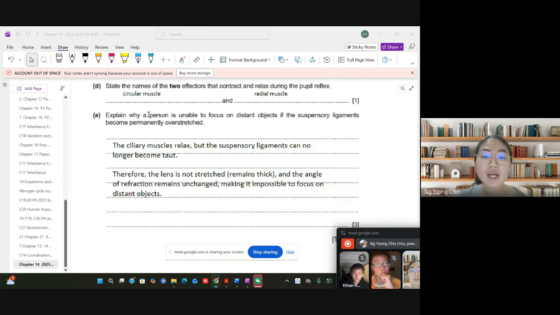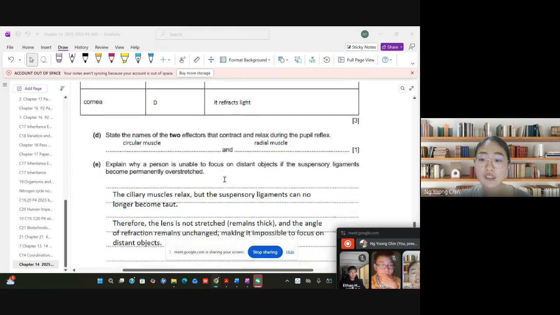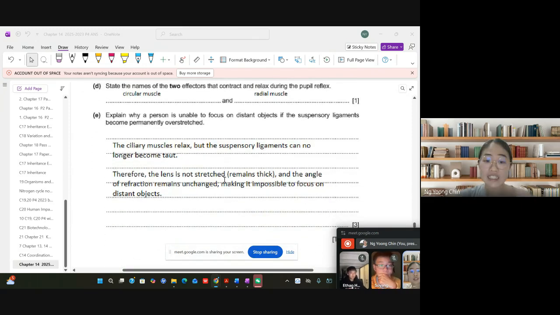Okay, explain why a person is unable to focus on distant object if the suspension ligament become permanently overstretched. So you see, suspension ligament, right? They just overstretch. So what happens if the suspension ligament overstretch? They will just pull on the lens. Okay, so that's why the ciliary muscle, they will relax, but the suspension ligaments can no longer become taut.